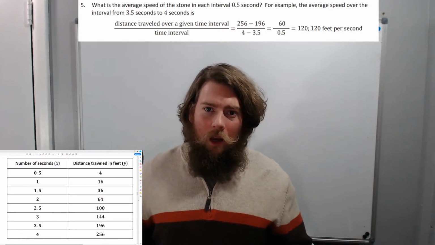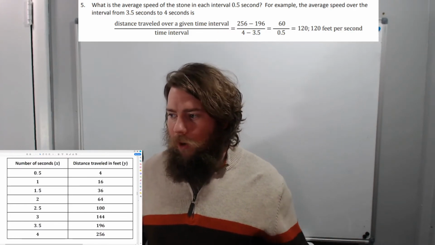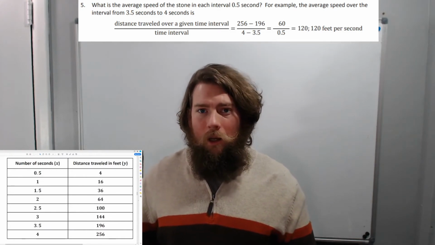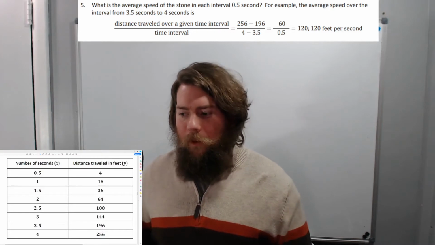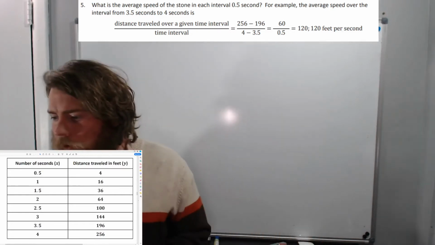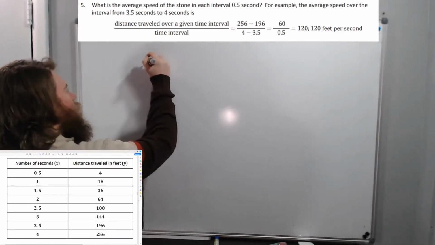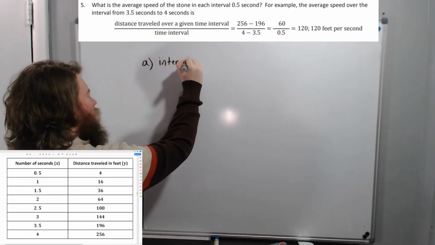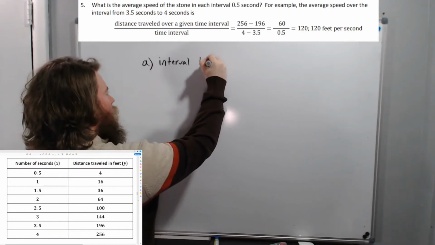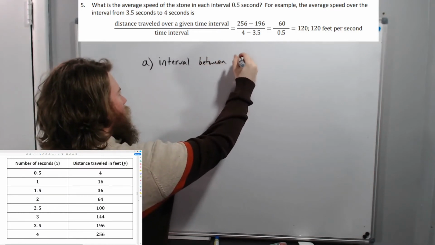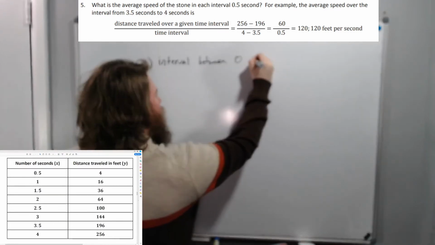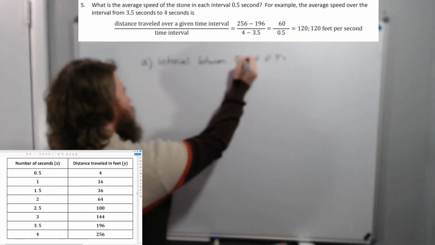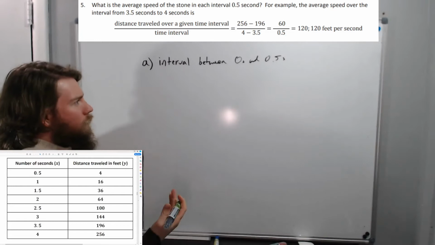Now it just wants you to do this for all the rest of them. I'm not going to go through every single one, but we will do maybe the first 2. So let's do the interval between 0 and 0.5 seconds. Again, we need the distances.